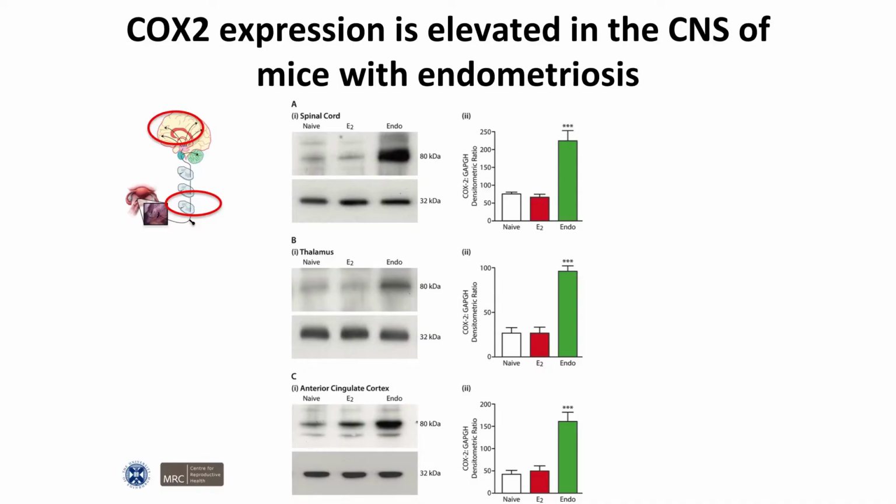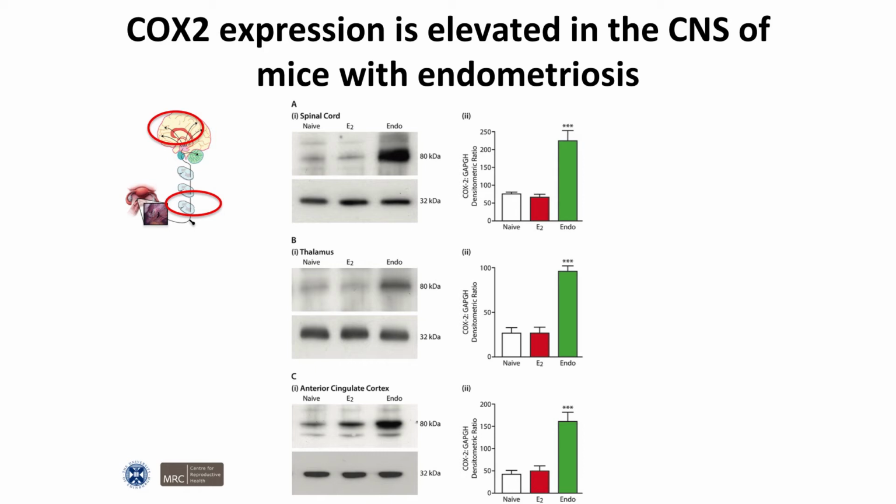We then went on to look at the spinal cord and the brain of mice with endometriosis, and we looked at COX-2 expression, and this has previously been shown to be upregulated in the CNS in other inflammatory pain disorders.